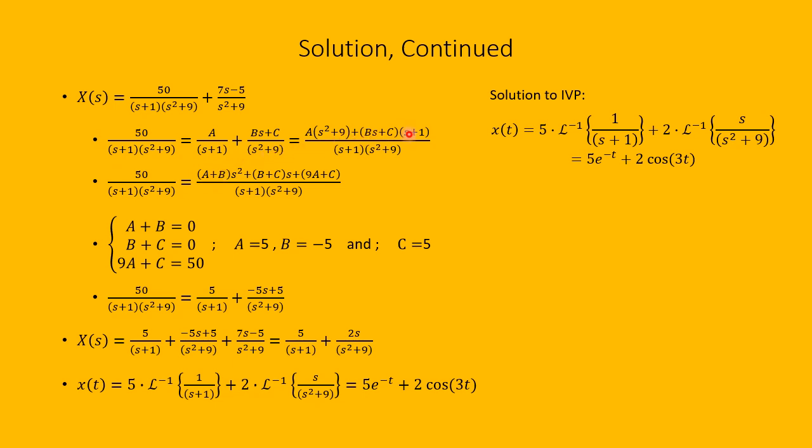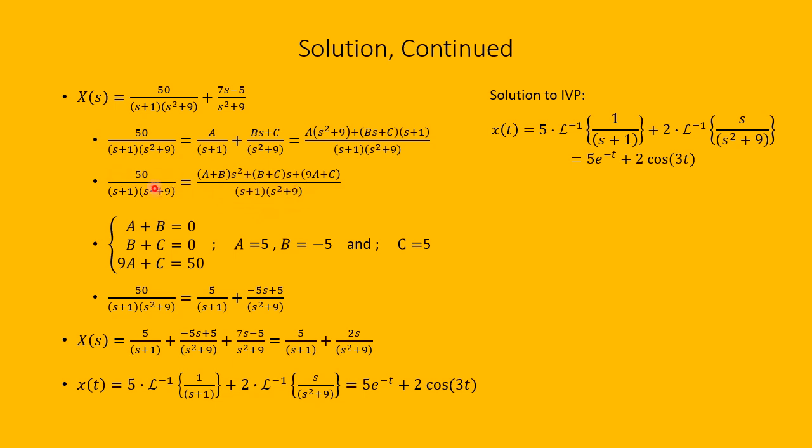We have bs times 1 plus c times s. Those combine to give the quantity (b plus c) times s. And the constant term is going to be what? We have a times 9 here and c times 1 here, which results in 9a plus c. So this fraction can be rewritten this way.